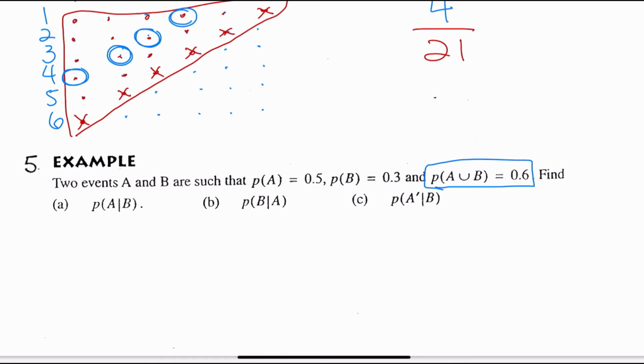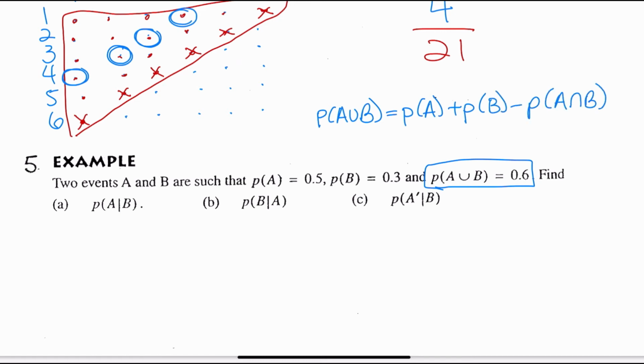The first way is to use the addition rule that we learned about, which says the probability of A or B is equal to the probability of A plus the probability of B minus the probability of the intersection.